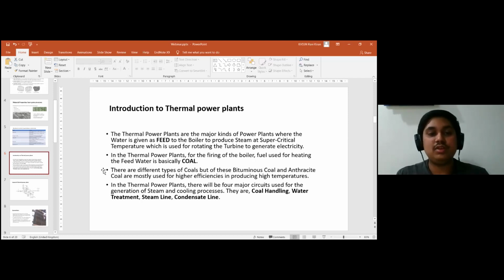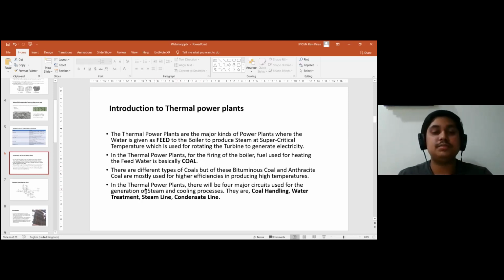And of these, coal power plants are highly found throughout the world. Mostly when it comes to India, coal thermal power plants are the major power producing type of power plants currently in use.